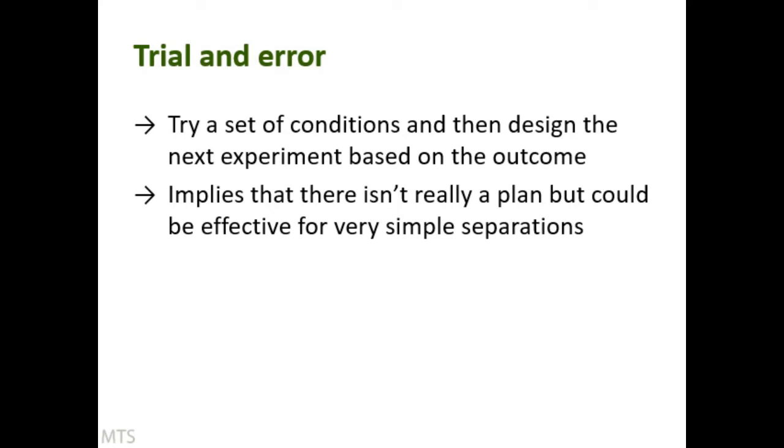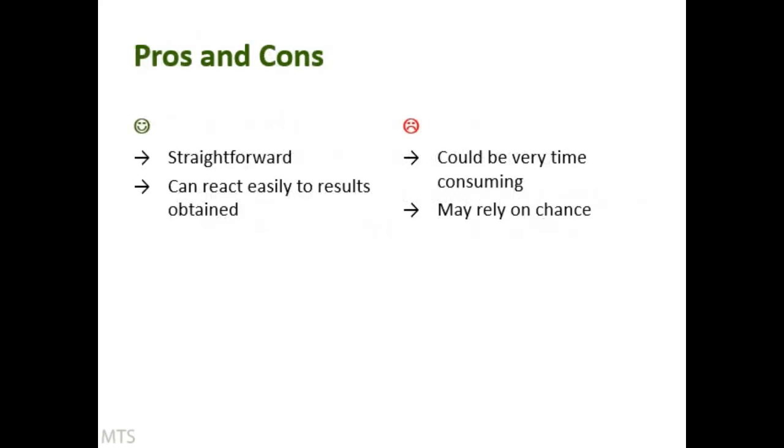So in terms of our separations, yeah, this could be effective if you came into that simple category that we looked at earlier. Pros and cons, very straightforward. You can easily react. But if you did this for all of your method developments without a more clear plan of strategy of what way you're going to run with these trial and error, it can be very, very time consuming.